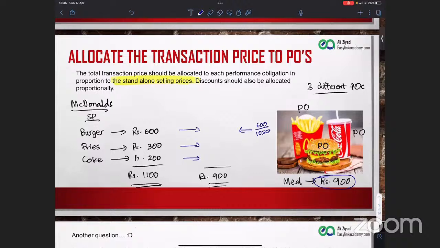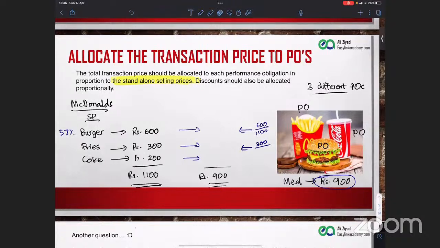57%. Okay, so this is 57%. Now, if you were to buy fries for 300 rupees, and all three items separately cost 1,100, what is the percentage, guys?